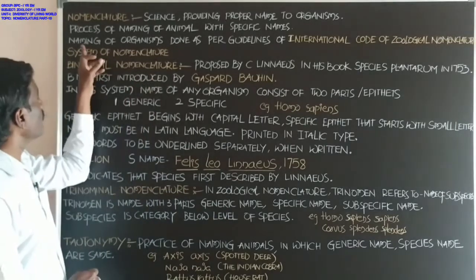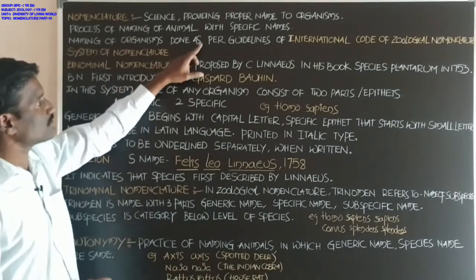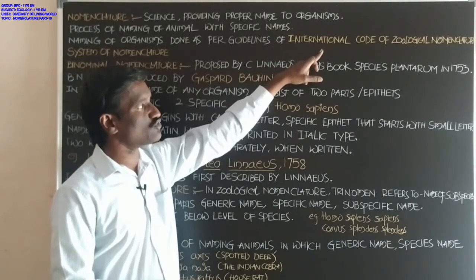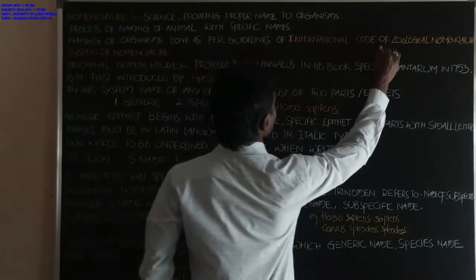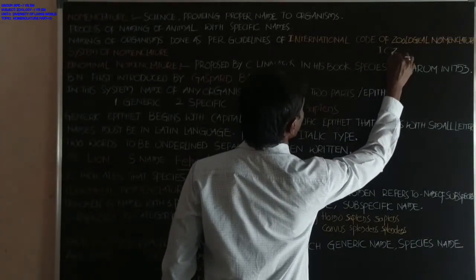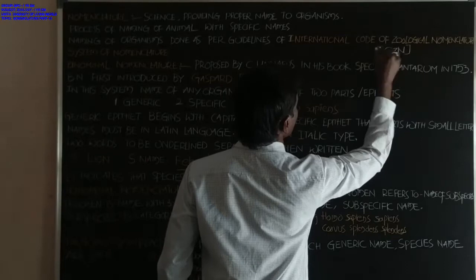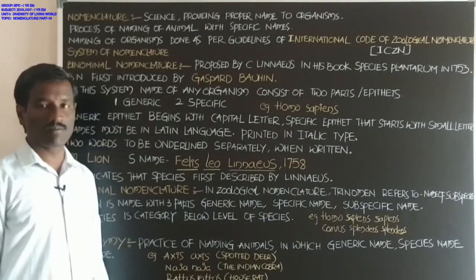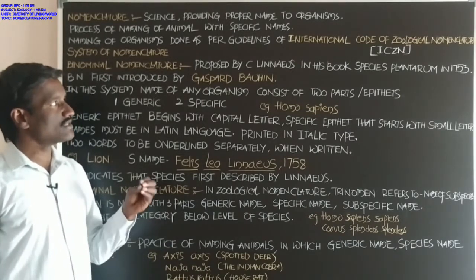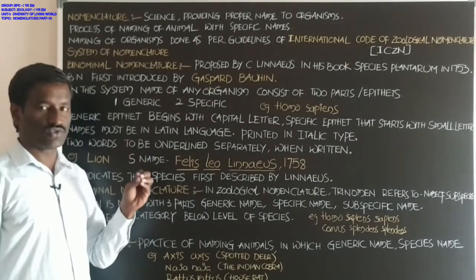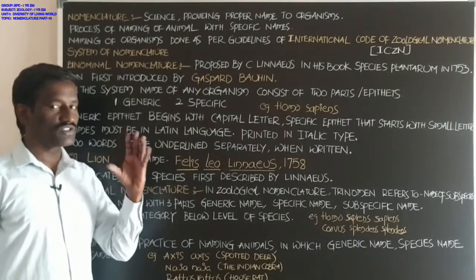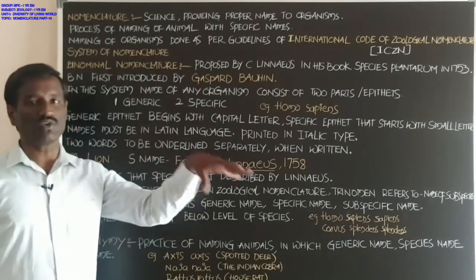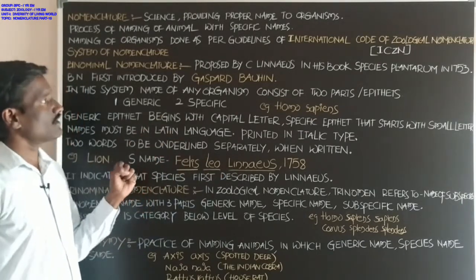Naming of organisms is done as per the guidelines of the International Code of Zoological Nomenclature, shortly also called ICZN. Okay, students, ICZN is the institute that gives the rules and regulations at the time of naming an animal.